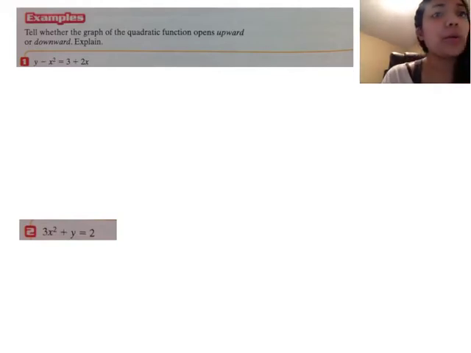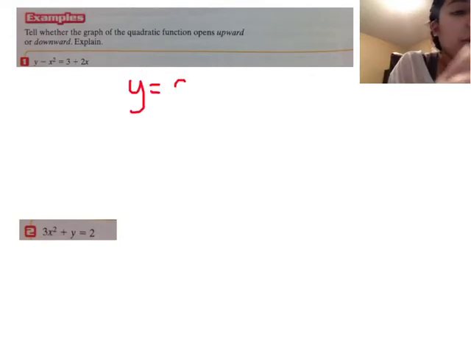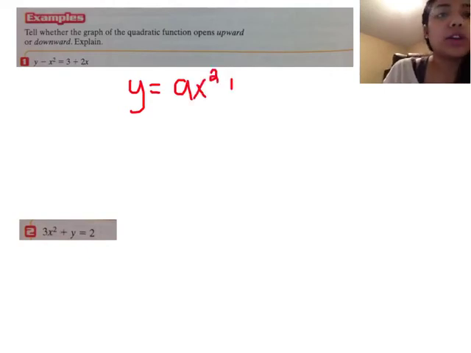Okay, we want y by itself, so that means you should have subtracted 3x squared on both sides. This would cancel out and you'd be left with y equals negative 3x squared plus 2, or you would have had 2 minus 3x squared.